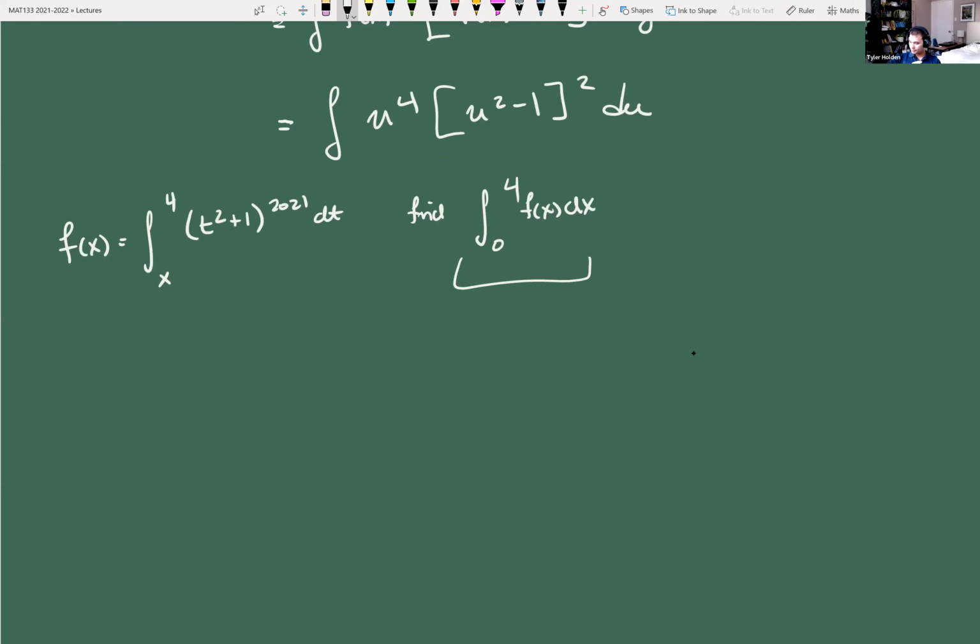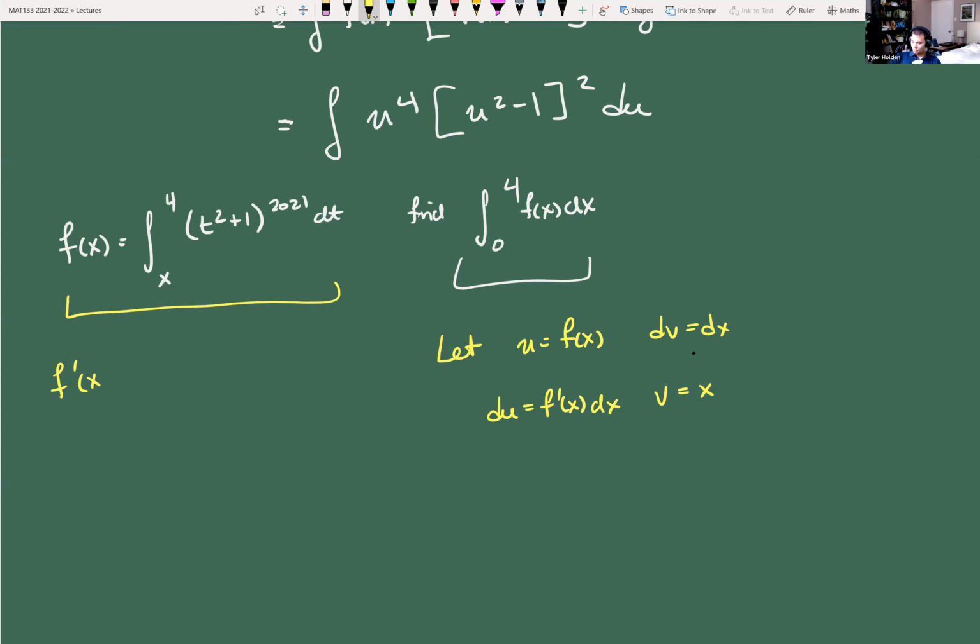So let u be f of x, dv be dx, du is f prime of x dx, so that v is just x. Now, based off of this, f prime of x is equal to negative x squared plus 1 to the 2021.